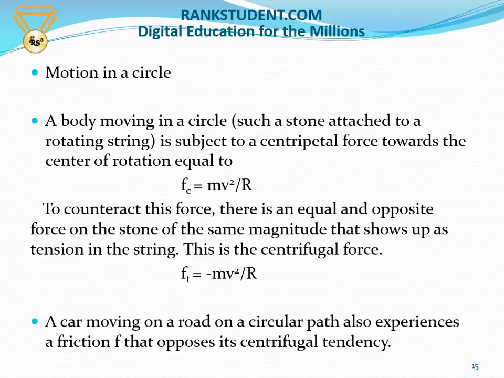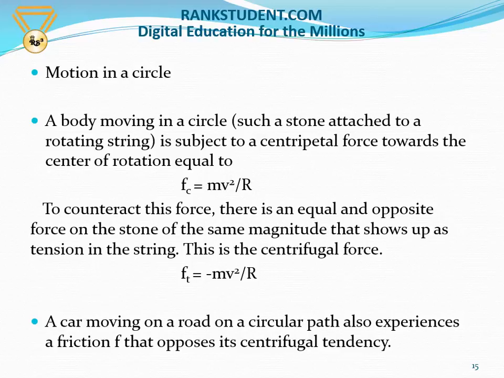To counteract this force, there is an equal and opposite force on the stone of the same magnitude that shows up as tension in the string. This is the centrifugal force, F sub t equals minus mv squared over r. The centrifugal force and the centripetal force are equal and opposite.